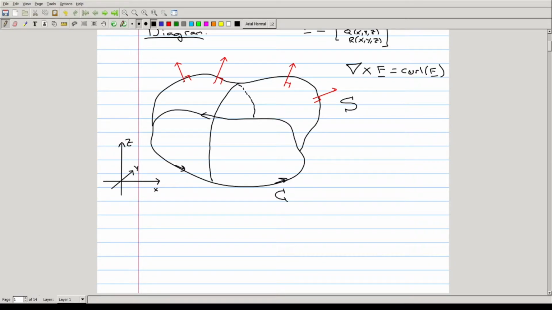So at each one of these points on our surface, we can also plot out the curl vector in general. In general, this will be pointing in some direction. So this is at some point. The normal vector here is n hat at each one of these points, which in general will change as you move along the surface.